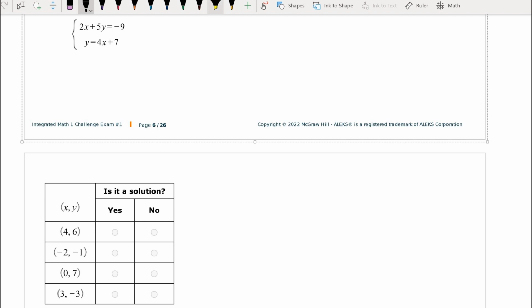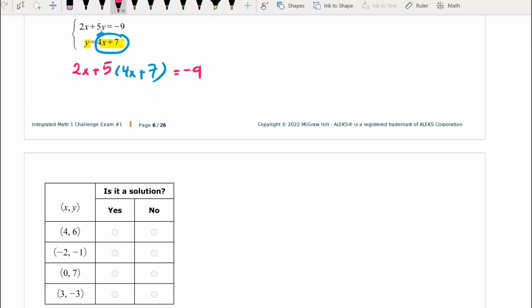Alright, so I will go ahead and solve the system. y equals 4x plus 7, so you plug 4x plus 7 in place of y. We will have 2x plus 5 times (4x plus 7) equals negative 9. Then we distribute the 5 into the parentheses.